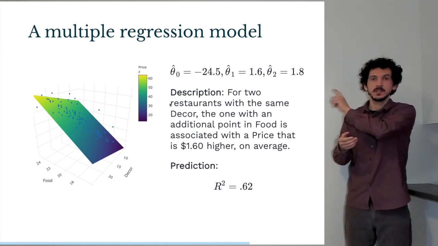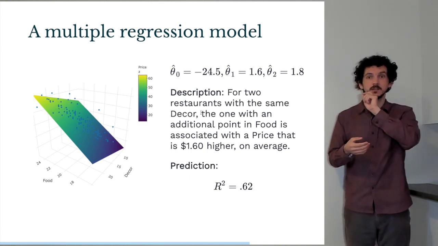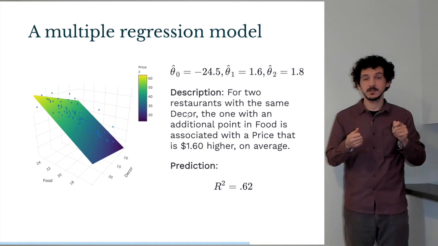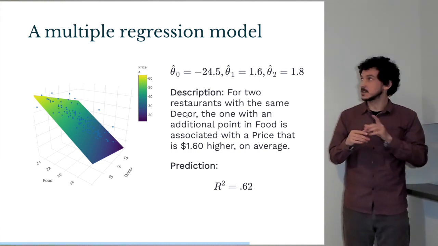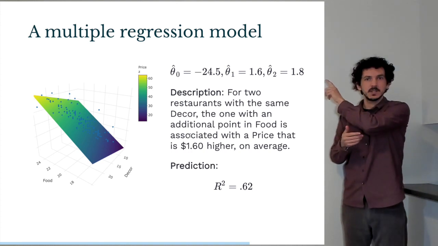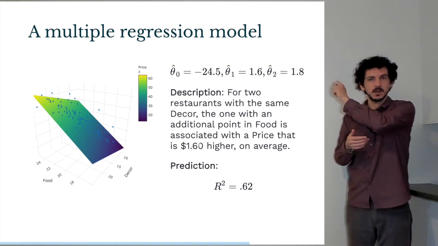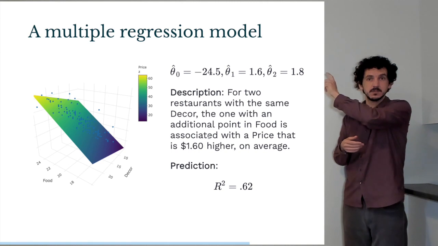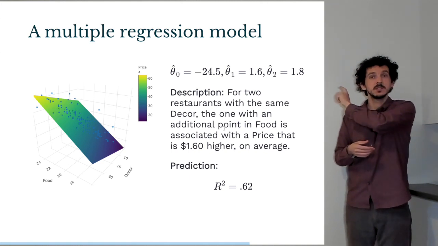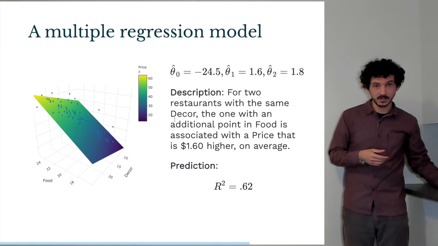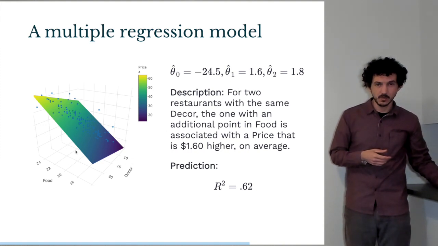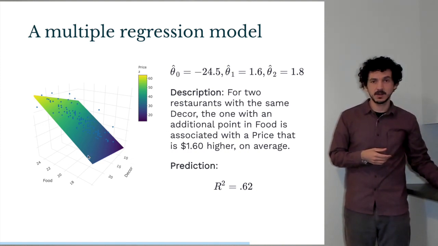Notice, really importantly, that first statement: for 2 restaurants with the same value of decor. Or you could also say controlling for decor. Because that 1.6 only describes the relationship between food and price if you don't change the value of decor. Said another way, if you're looking at this tilted plane here, you can't just compare any 2 restaurants that differ on food.